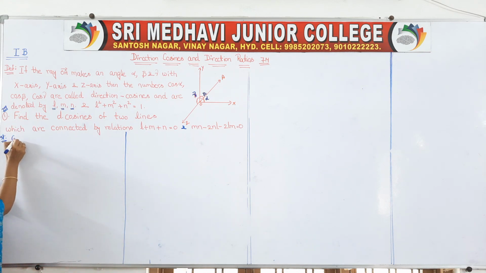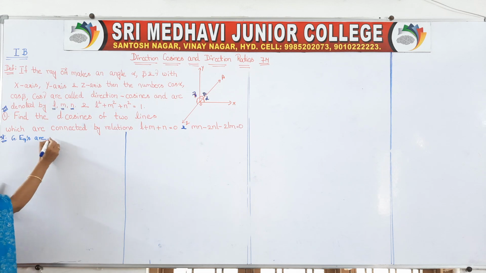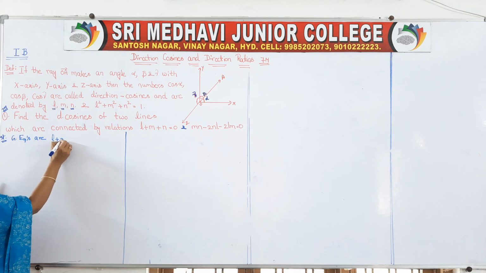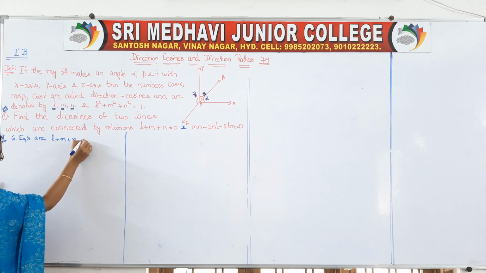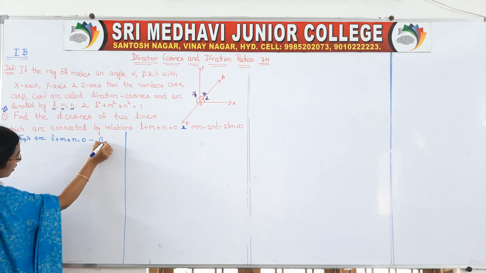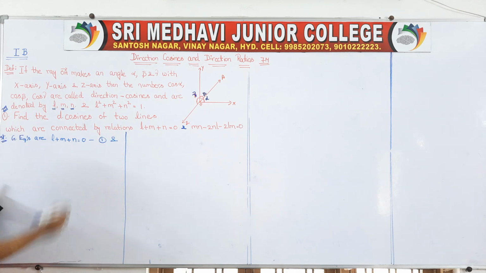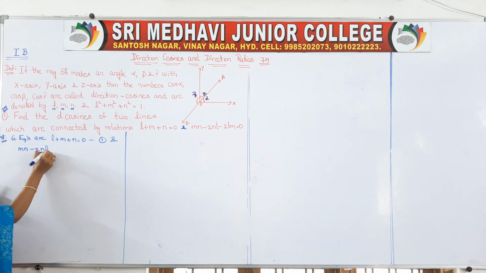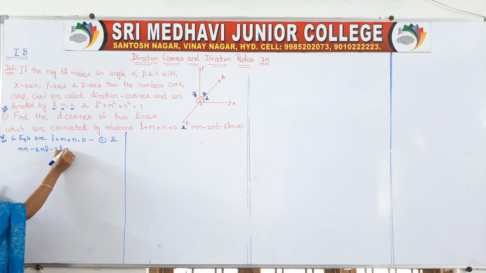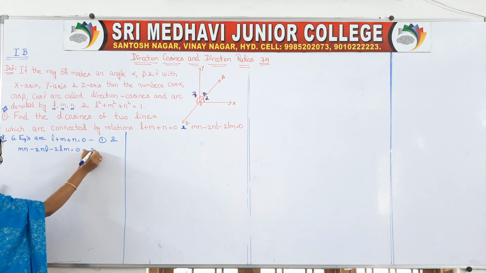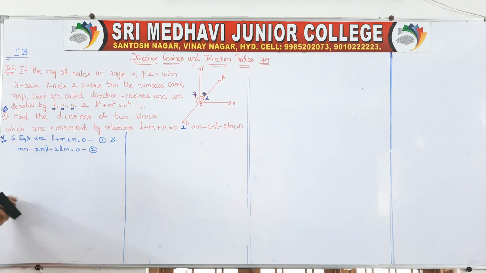The first equation is L plus M plus N is equal to 0. And the second equation is Mn minus 2NL minus 2Lm is equal to 0.